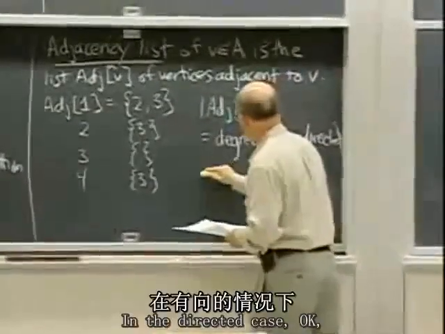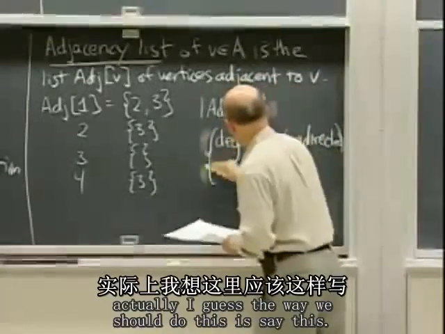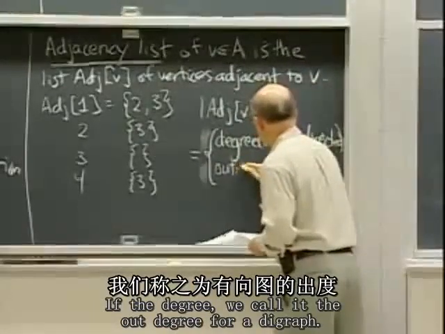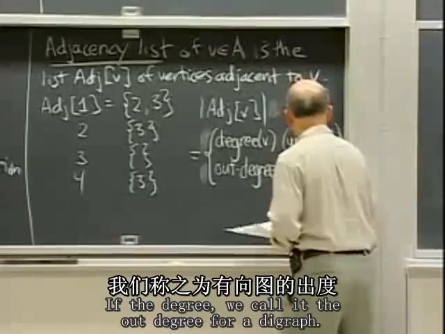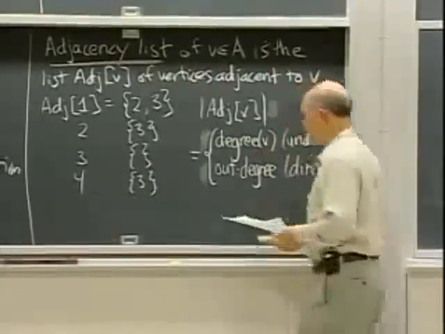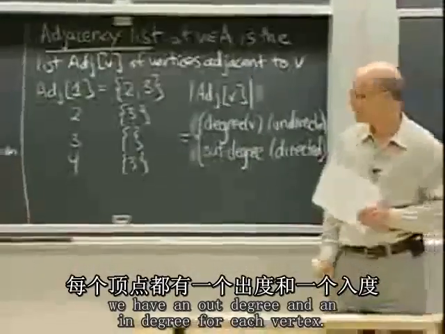In the directed case, actually I guess the way we should do this is say this. If it's a degree, we call it the out degree for a digraph. So in a digraph we have an out degree and an in degree for each vertex.